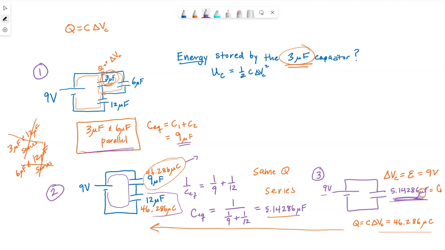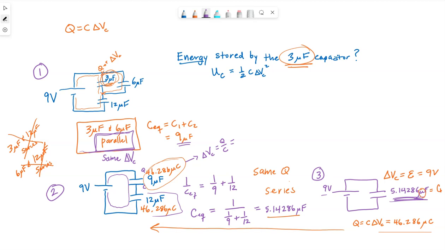In parallel, they must have the same delta V. So right now I have charge and capacitance, but I can certainly solve for delta V as charge over capacitance.